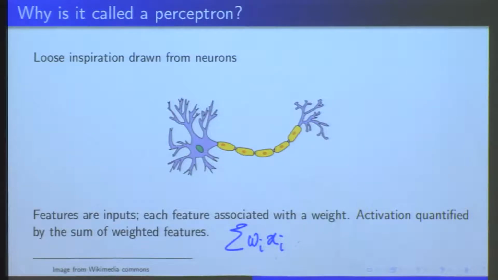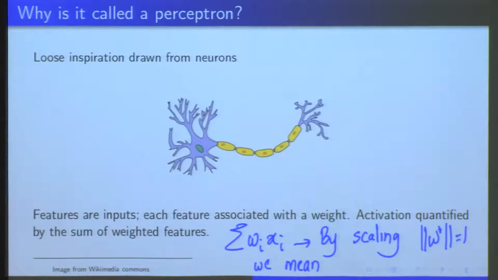And by scaling norm w star to 1, we mean upscaling the x_i's, right?